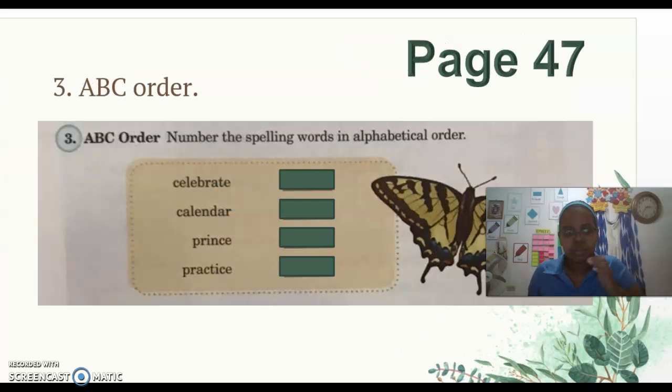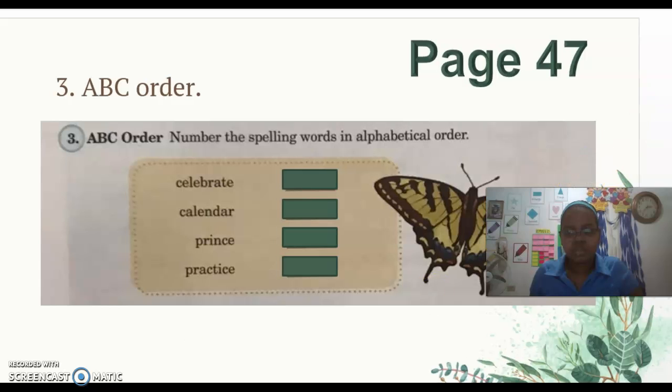Exercise 3, ABC order. Number the spelling words in alphabetical order. So here we have 1, 2, 3, 4 different words: celebrate, calendar, prints, and practice. Which one is the first word?